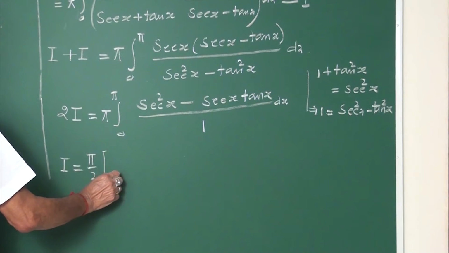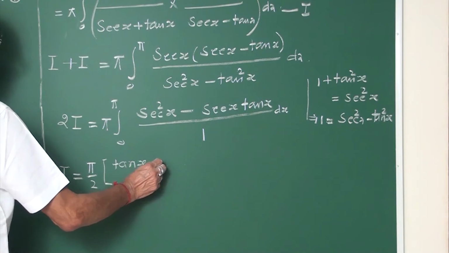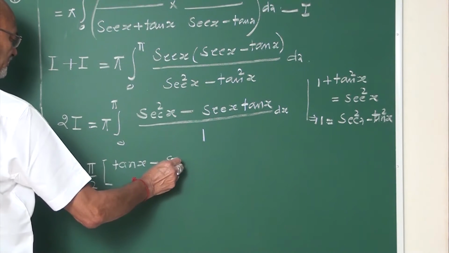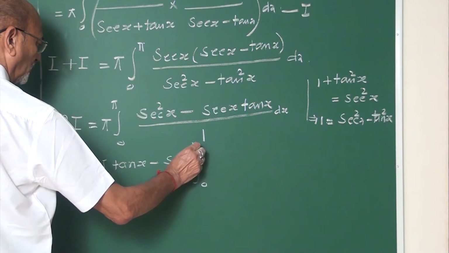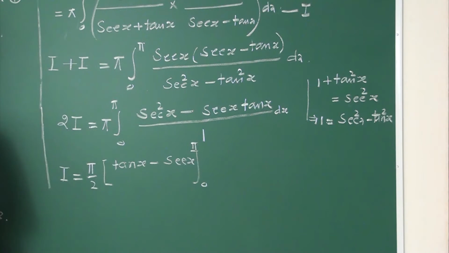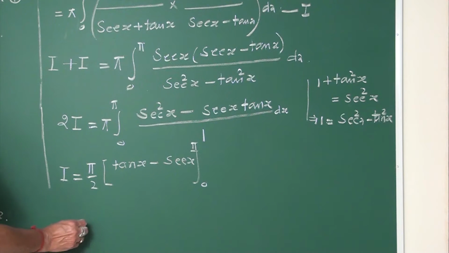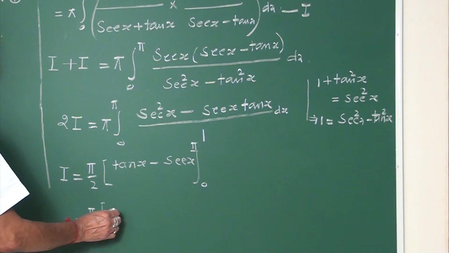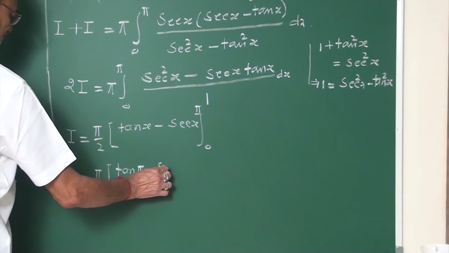Write the integral. The integral of sec square is tan x, minus the integral of sec into tan, which is sec x. This is the lower limit, this is the upper limit. Put x equal to the upper limit: tan pi minus sec pi.